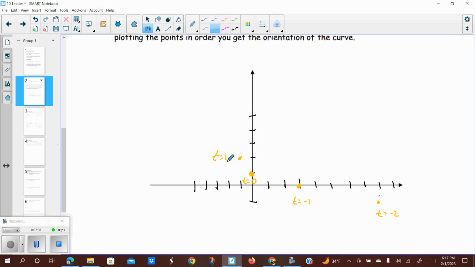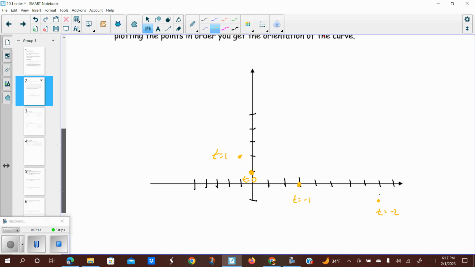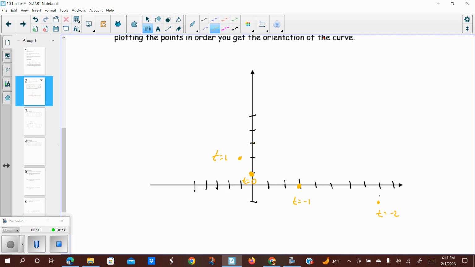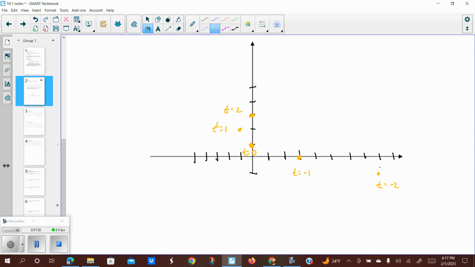When t is 2, our point is (0, 3). 1, 2, 3 up here on the y-axis, excuse me. That's when t is 2. And then when t is 3, we are at the point (3, 4). 1, 2, 3, 1, 2, 3, 4, right about there. And that's when t is 3.